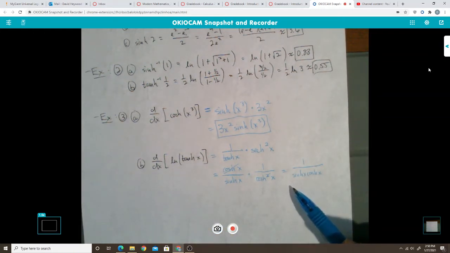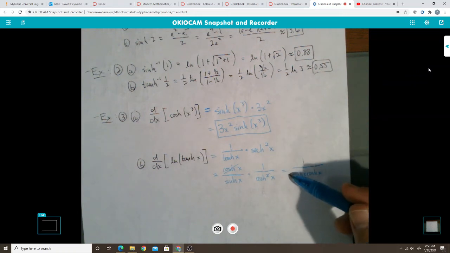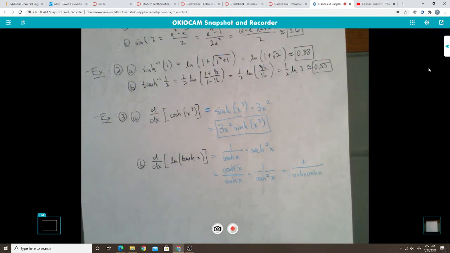you could write that differently, I suppose. We know that 2 sinh x cosh x is sinh 2x. So I could put a 2 here as long as I offset it with a 2 up there. And then I could call this 2 over sinh 2x, right?